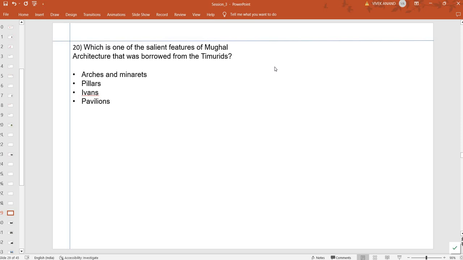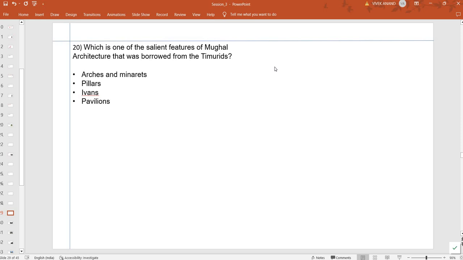Pillars were there since the Hellenistic kingdom, from the 3rd to 4th century BC. So these were also very old elements. Pavilions were also built in ancient Hindu temples.